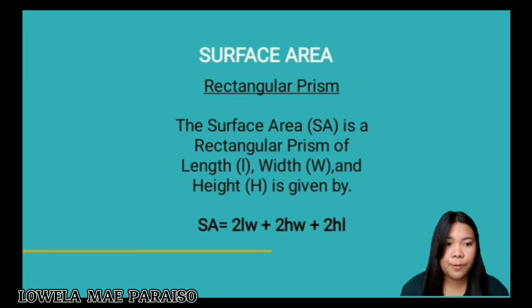Surface area of a rectangular prism. The surface area of a rectangular prism of length, width, and height is given by the formula SA is equal to 2 multiplied by length and width plus 2 multiplied by H, which is height, and W, which is width, plus 2 multiplied by height and length.